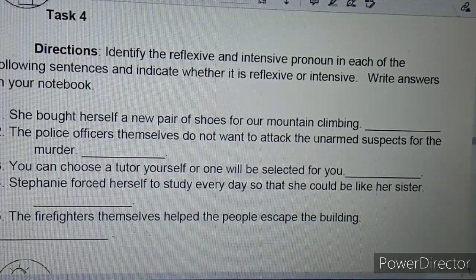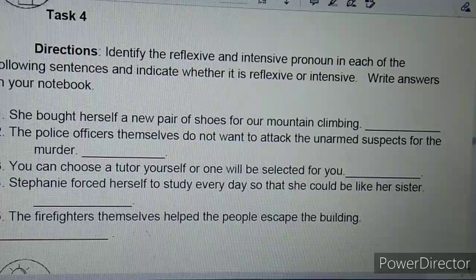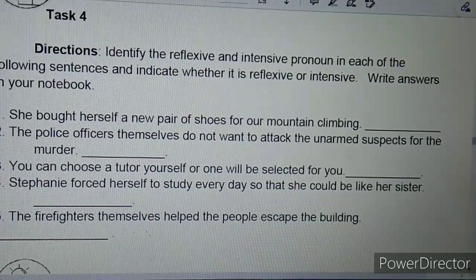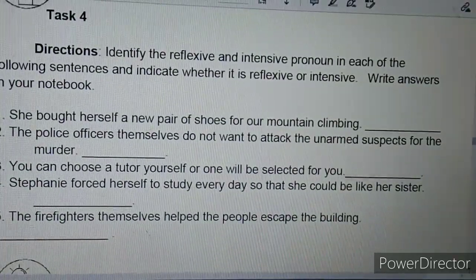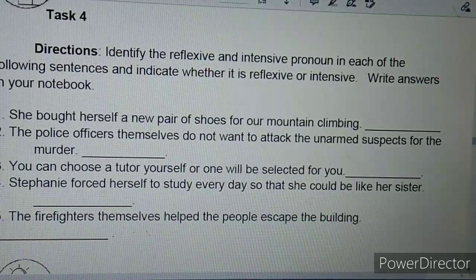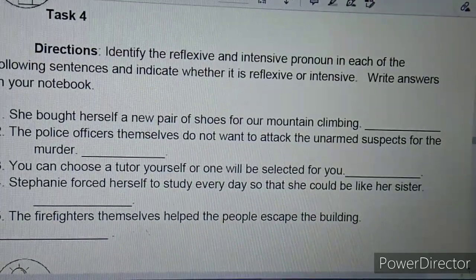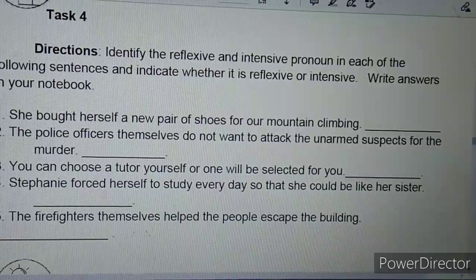So let's continue. Number 1, she bought herself a new pair of shoes for our mountain climbing. What do you think is the reflexive and intensive pronoun of this sentence? The correct answer for number 1 is herself, and it is reflexive. Again, herself dash reflexive.